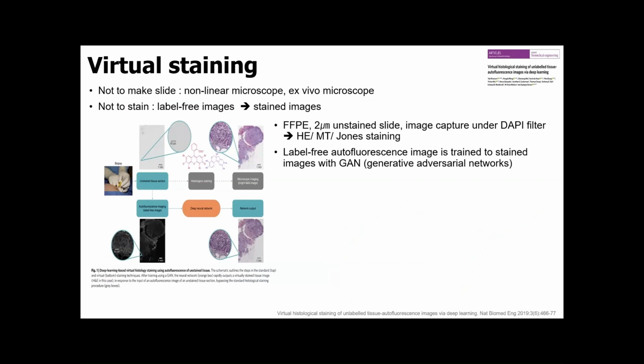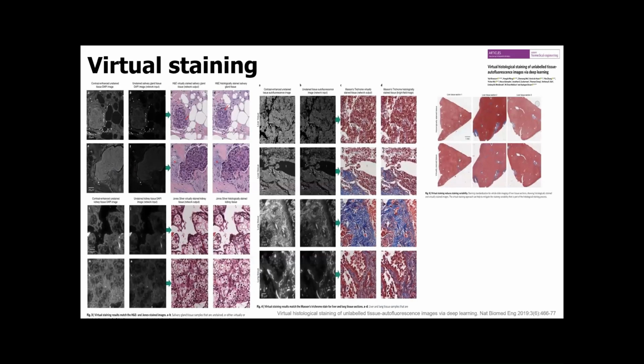This paper tried generative adversarial network algorithms to make H&E images from label-free autofluorescence images. The first and second gray-color images are baseline images under the filter without dye, the third column is a network output, and the fourth column is real staining pictures.